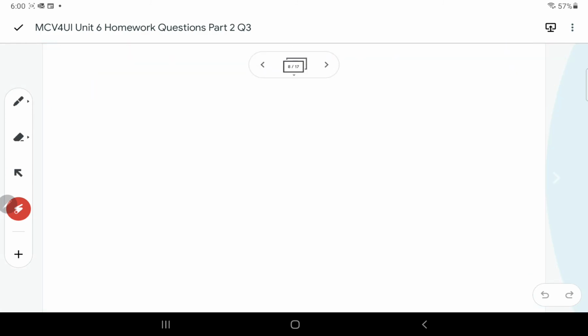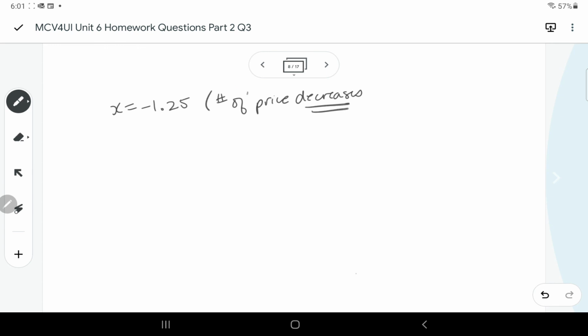And remember that x being equal to negative 1.25, what that means is that that's the number of $5 price decreases.